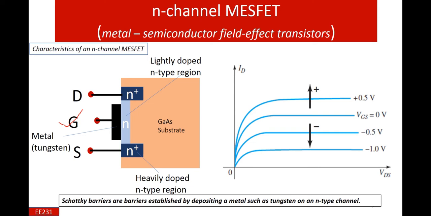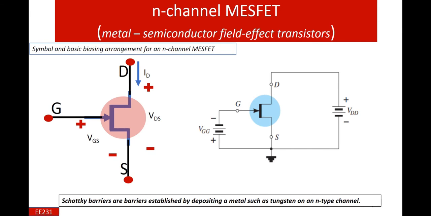And similarly, if we increase the voltage to positive, then the current is also increasing, with the same effect of the Schottky barrier. For the positive voltage at the gate, additional electrons will be attracted into the channel, and the current is definitely increased due to these free carriers.